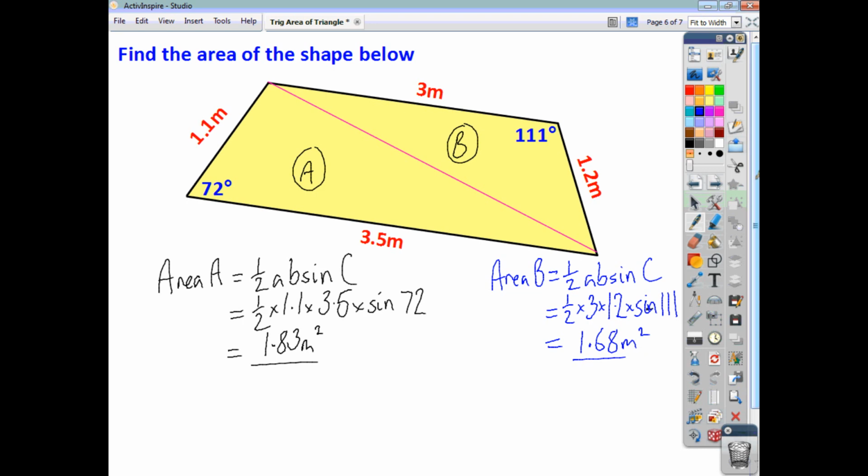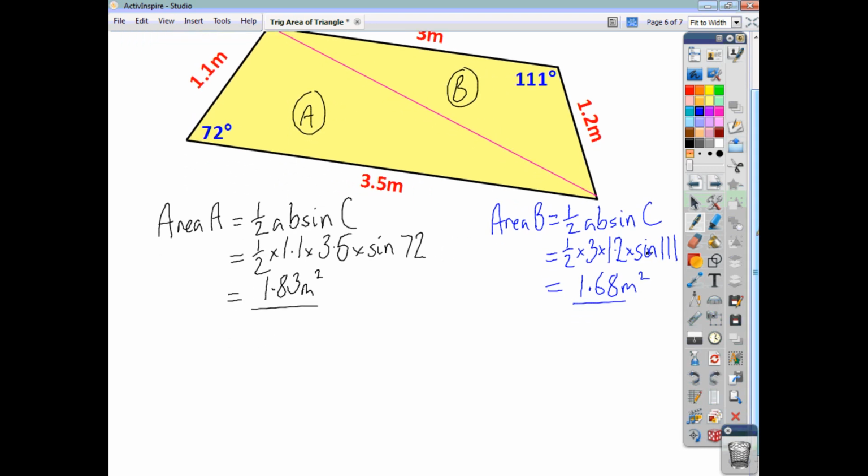Now to finish off the question, what you've got to do is state the total area. So the total area is just going to be the sum of the two areas you found. So it's going to be 1.83 plus 1.68, and we end up with an answer of 3.51, and your units are meters squared.